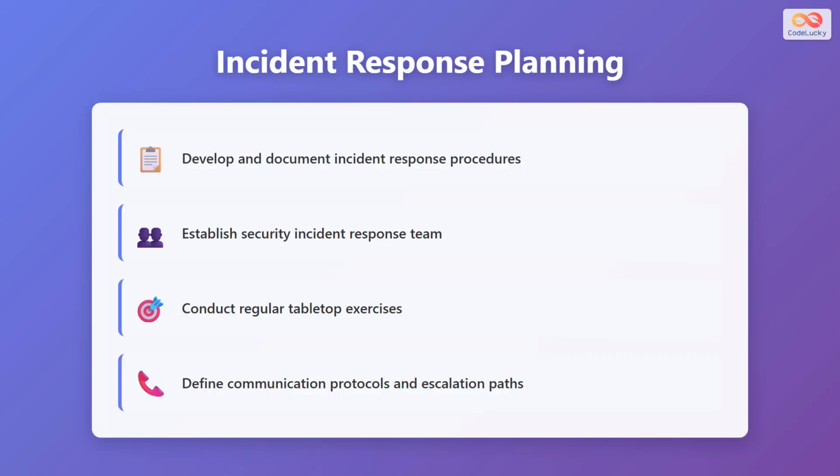Conduct regular tabletop exercises where team members walk through simulated security scenarios, helping them practice their response procedures and identify gaps before real incidents occur. Define communication protocols and escalation paths that specify who needs to be notified, when, and how, both internally and externally. Without a well-rehearsed incident response plan, organizations often waste critical time during actual incidents, making mistakes that worsen the situation and extend recovery time.